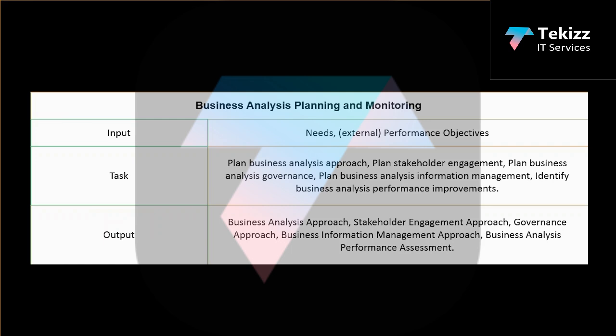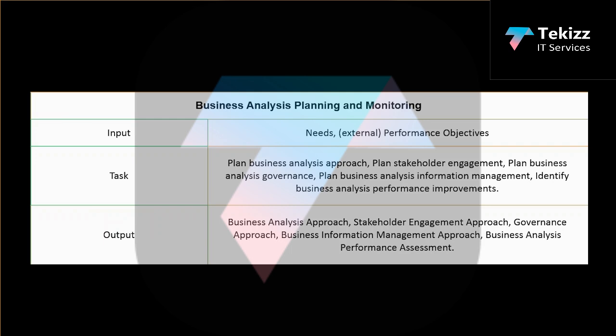Now, if we talk about the structure of the knowledge area, here we can see that we have input, task, and output. The input for business analysis planning and monitoring will be the needs, that could be the business need, and then the external performance objectives. In the task we have to plan the business analysis approach, plan the stakeholder engagement activities, plan the business analysis governance, plan the business analysis information management, and identify the business analysis performance improvement.